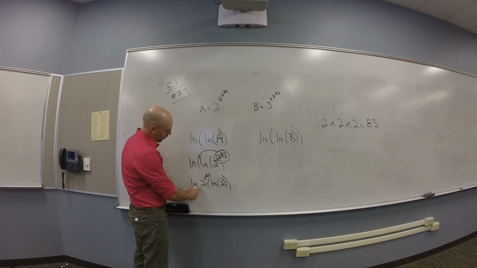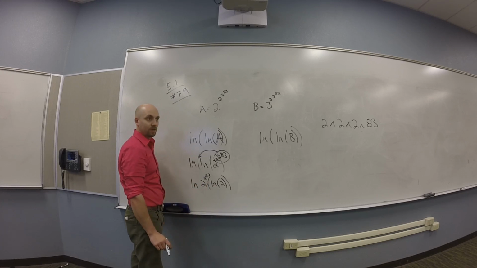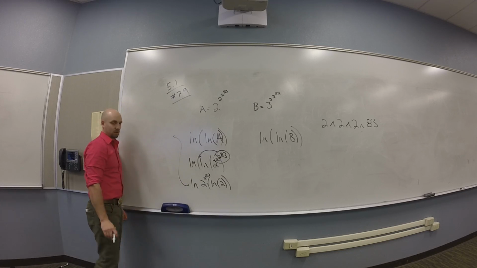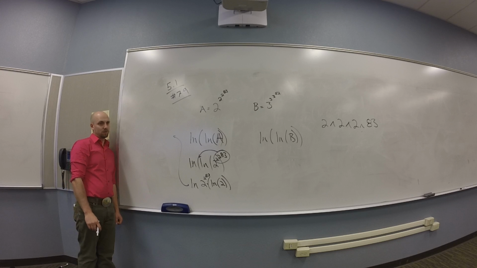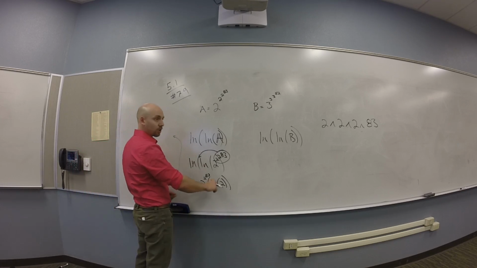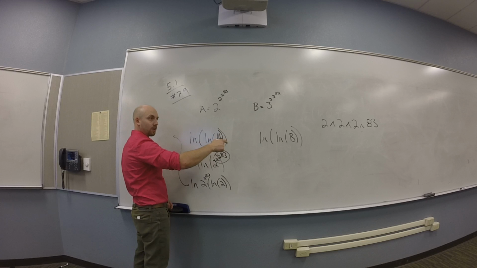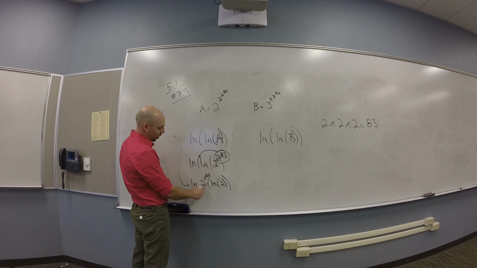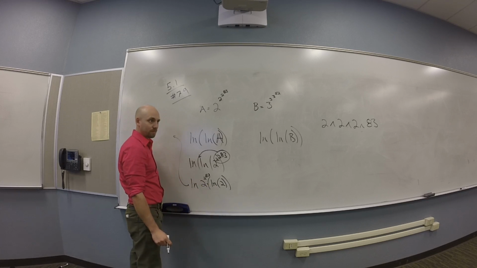Okay, so now I have log of some stuff times some stuff, which I can what? Can I log rule that into something? I'd love to, but the 2 and the 83 aren't on both the things there. If I had 2 times log 2 all to the 2 to the 83rd, then I could pull a 2 to the 83rd down. Right now I've got log of something times log of something.